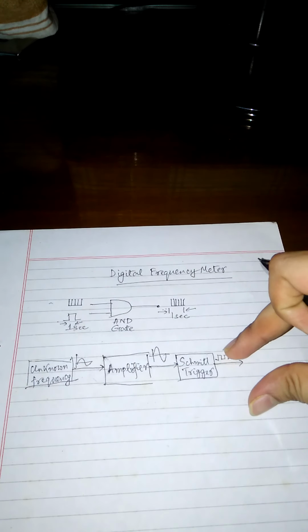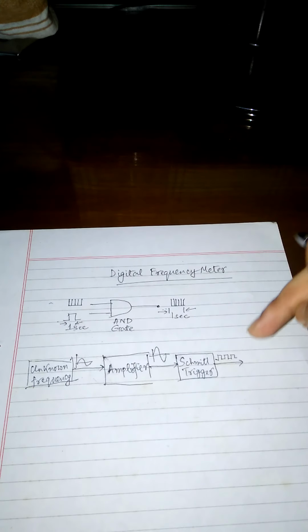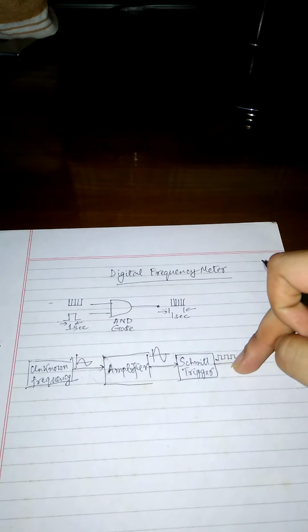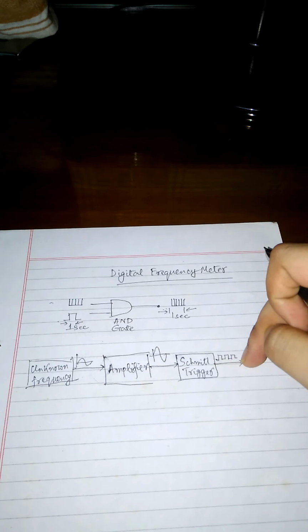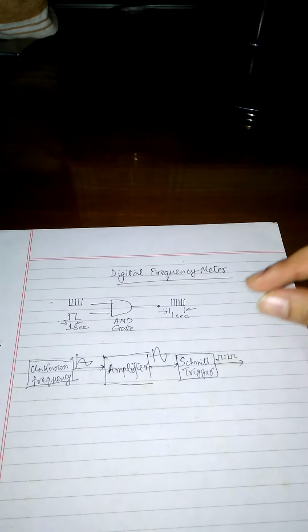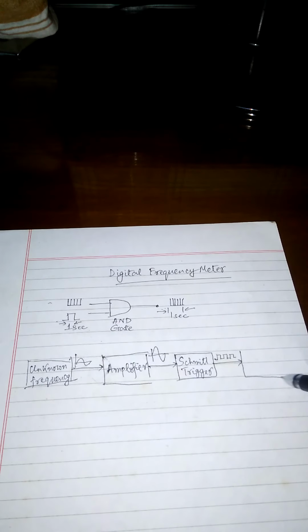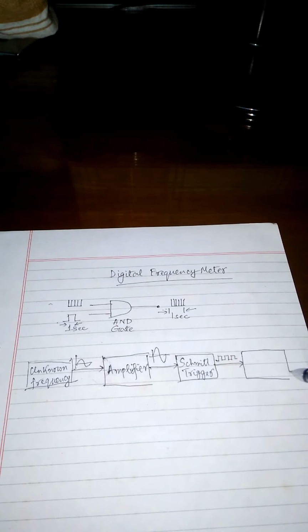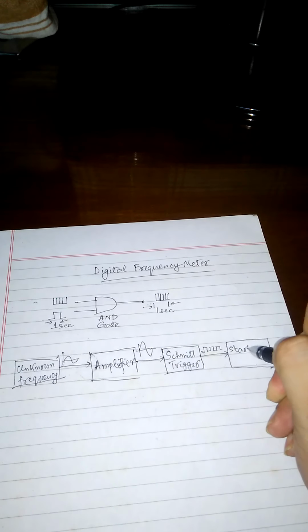Then it is differentiated and clipped. So we get the train of pulses where each pulse represents each cycle. Then we put it into the AND gate, which we are using here as a start stop gate.